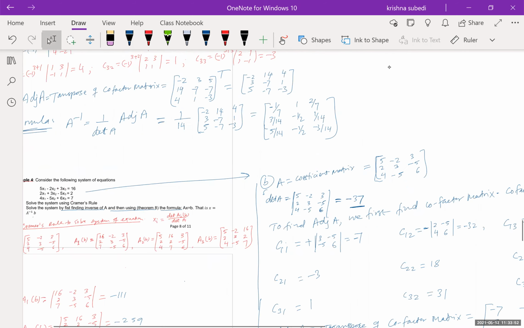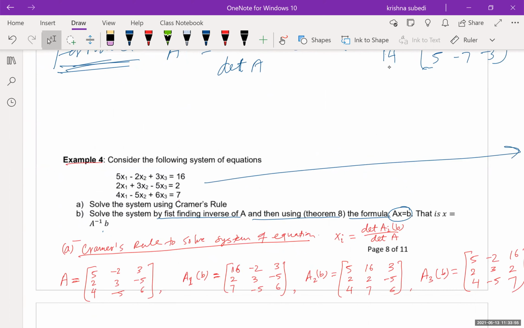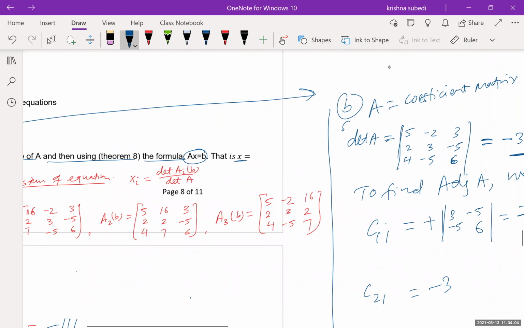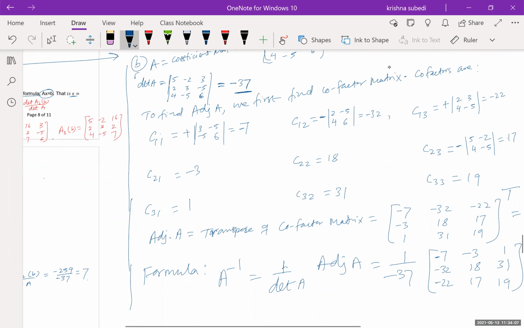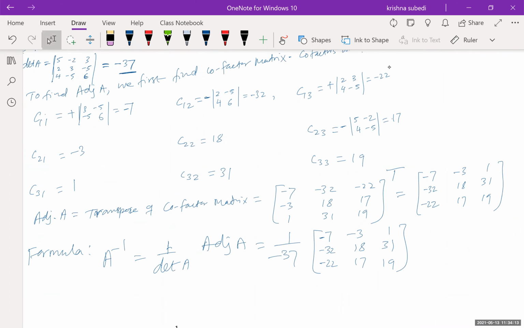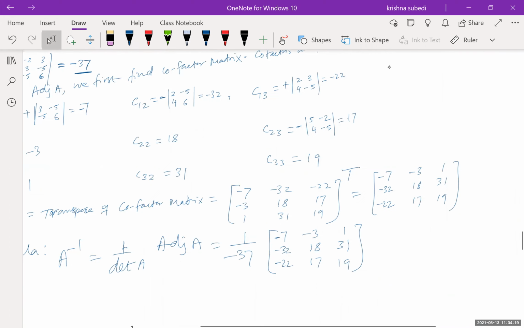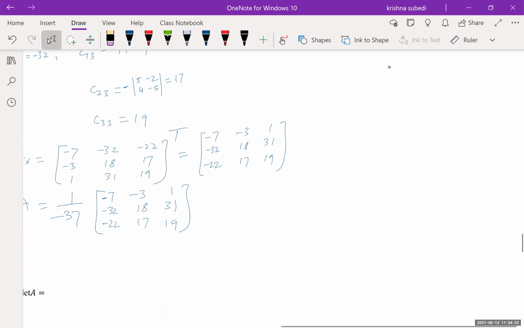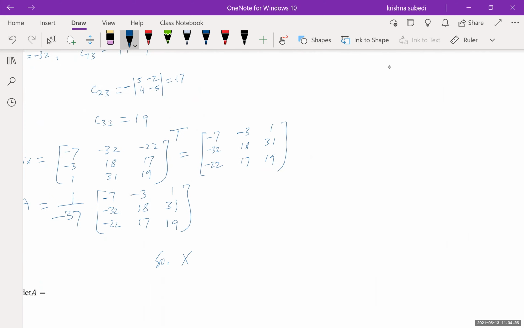We are required to use the formula AX equals B, which means X equals A inverse B. So let us use that formula. X equals A inverse B.